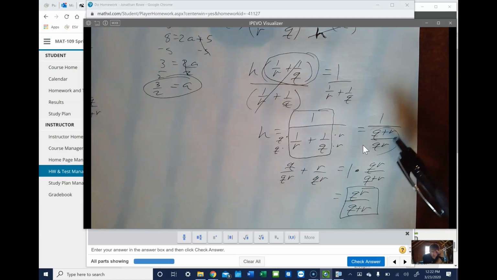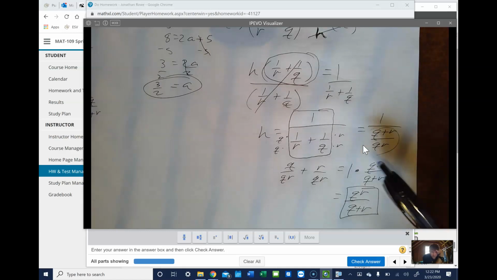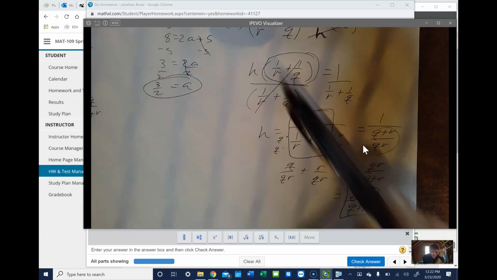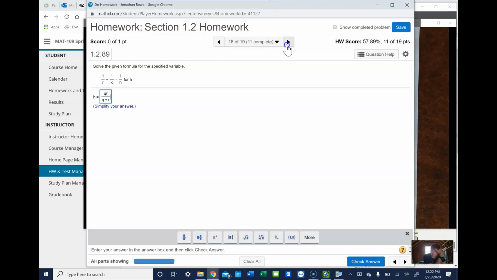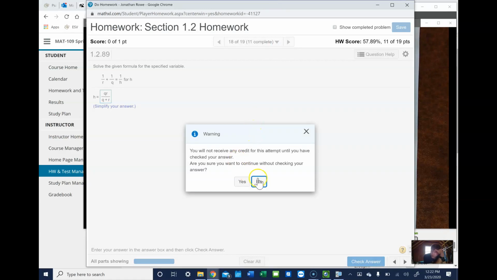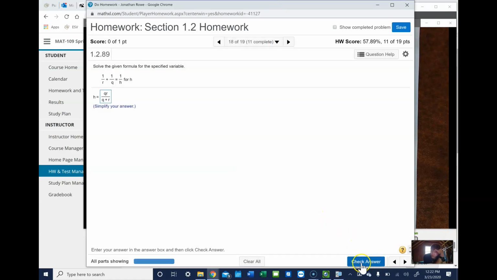And then it's 1 over that, so I just did keep, change, flip: 1 times the reciprocal of this. And 1 times anything is that thing. So that's how I got to that. Almost done. Oh, I forgot to hit enter. And we got the green check mark. Yay.